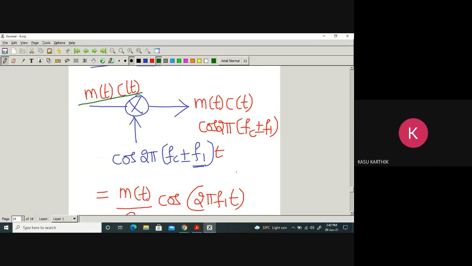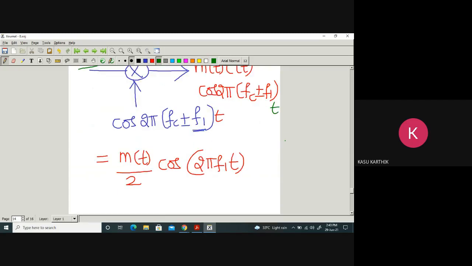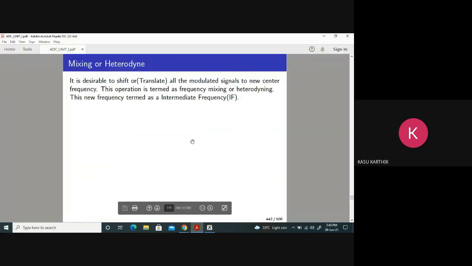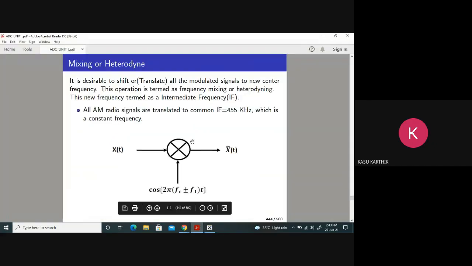The output of this will be M of t into C of t into cos 2 pi (Fc plus or minus F1)t. This is the mixing.